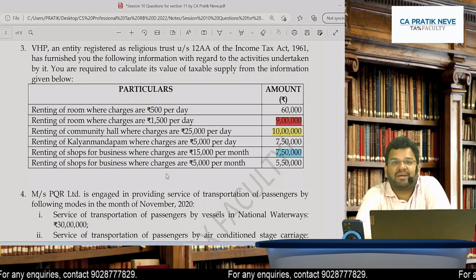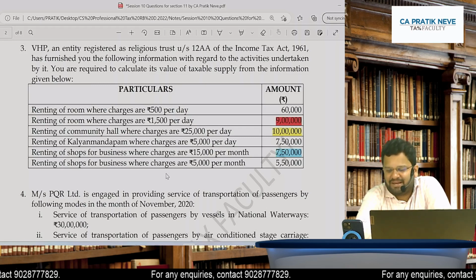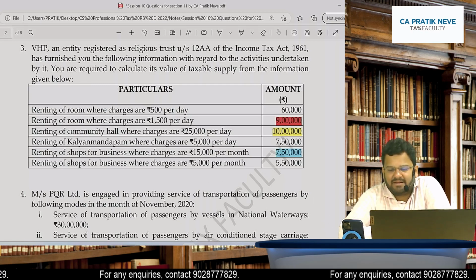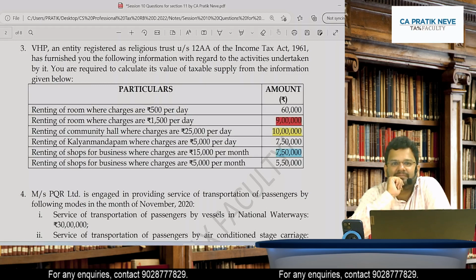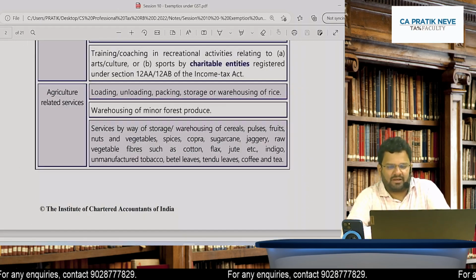So now take the total of what all is taxable. You will get the value of taxable supply. Is your value of taxable supply 26,50,000? Yes, so that was asked to you. So check.